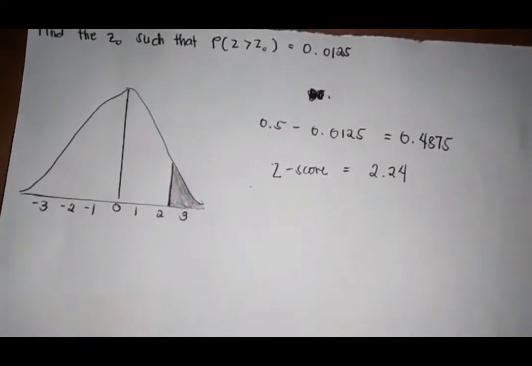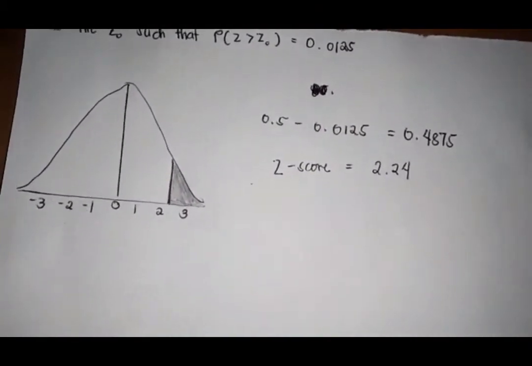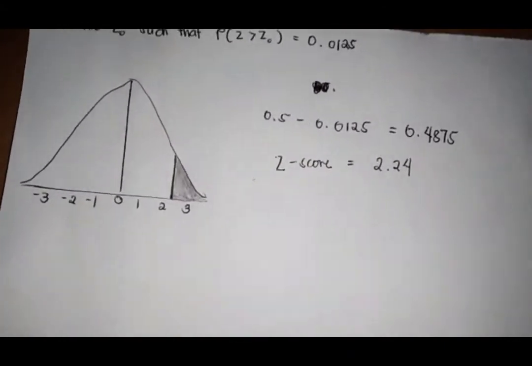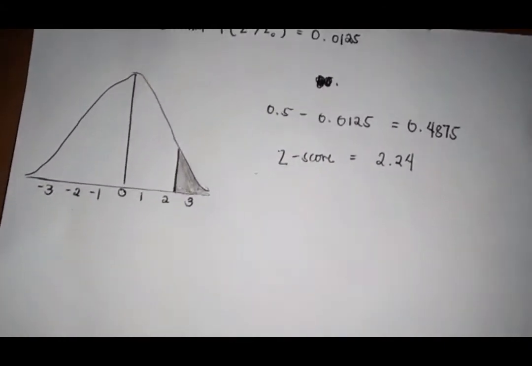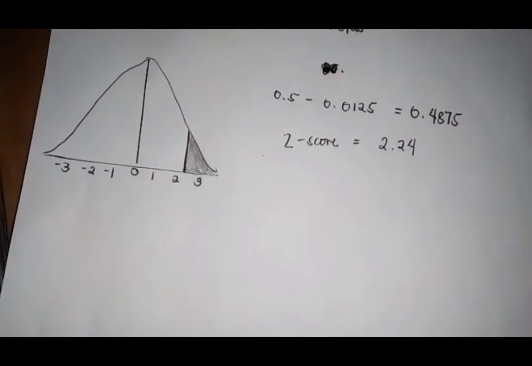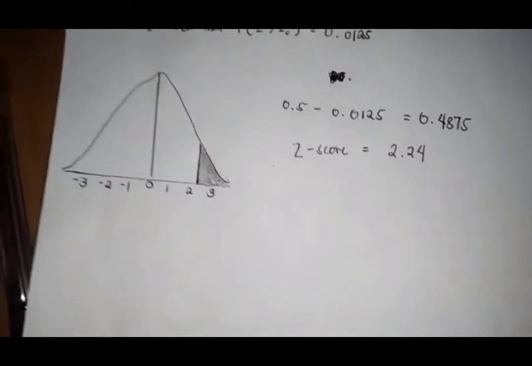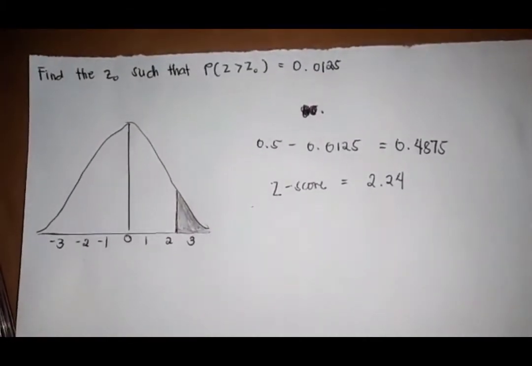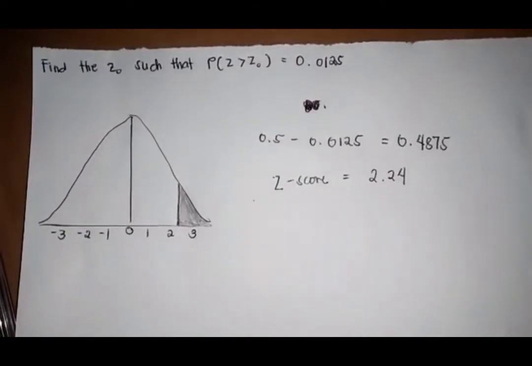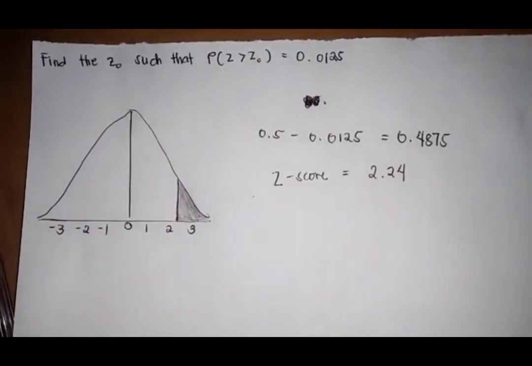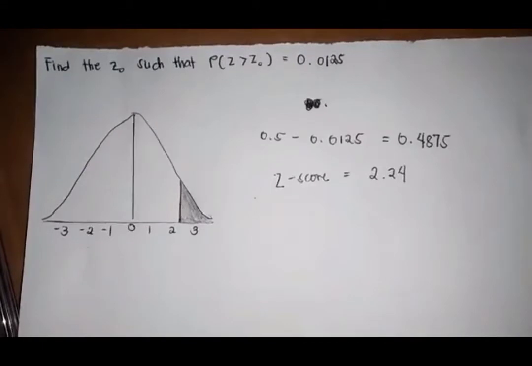Since the area given is less than 0.5, the shaded area is on the extreme left or right. However, looking at the direction, the shaded area is at the extreme right. Why did we shade the extreme right? Because in the problem, the standard normal score is greater than the z-score.